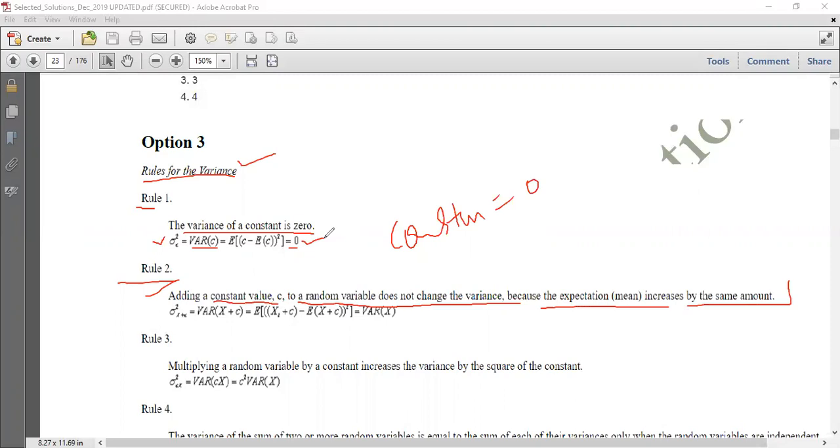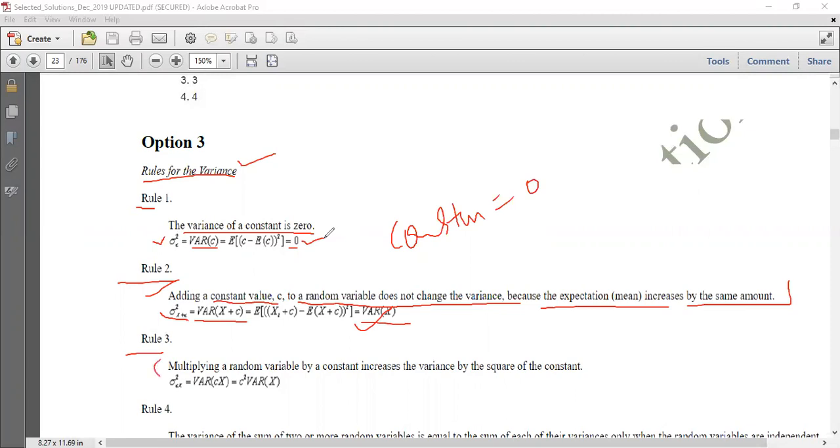So if you take x plus c and calculate its variance, it will be the same as the variance of x.